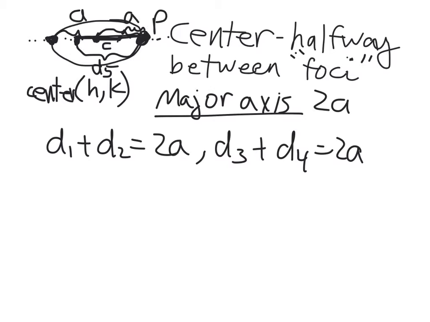And then this right here would be D6. So D5 plus D6 is going to be this constant, capital C, and we're going to be able to see that that is equal to the 2A.